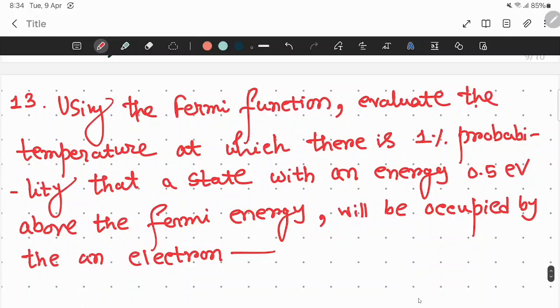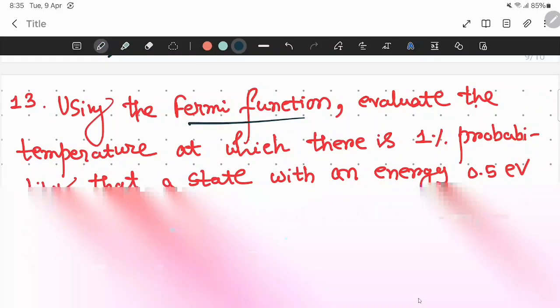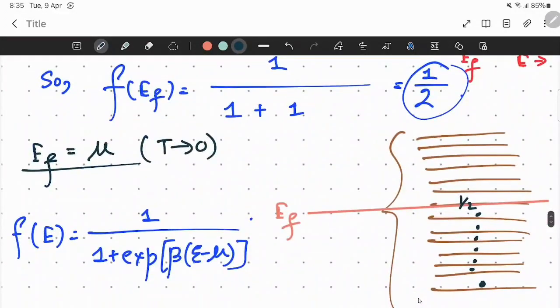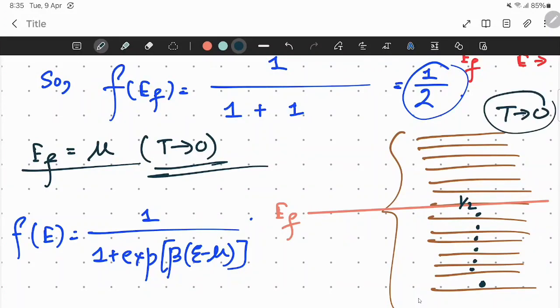Okay. Fermi function definition we know. Evaluate the temperature at which there is a 1% probability. This discussion we know. This is at T tends to 0, correct? You have to keep in mind this is T tends to 0. This will be half independent of temperature, but this is all occupied, unoccupied. This purely depends on T tends to 0.